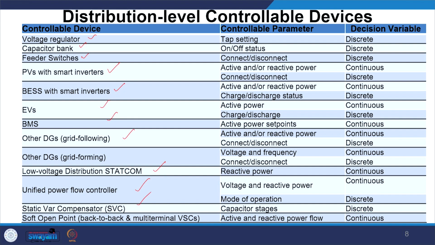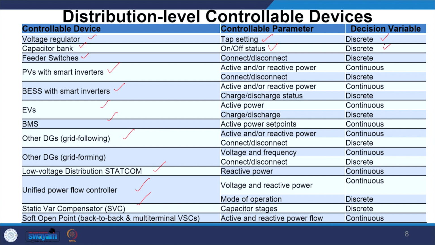They are part of your distribution system, which can control some of the major parameters like I, V, P, Q, theta, delta based on the requirements. So, you can see what those control parameters are. For example, if I talk about a voltage regulator, tap setting could be my control variable and it is discrete. Now, moving to capacitor bank, on-off status becomes my control parameter and it is discrete.